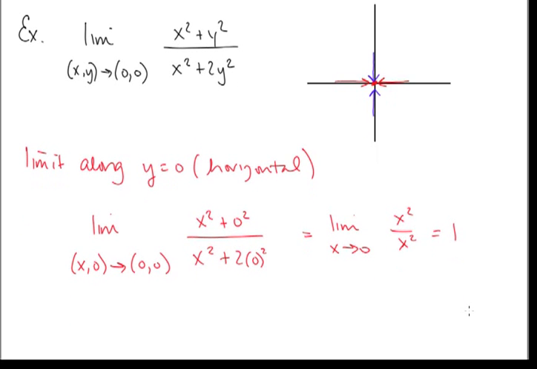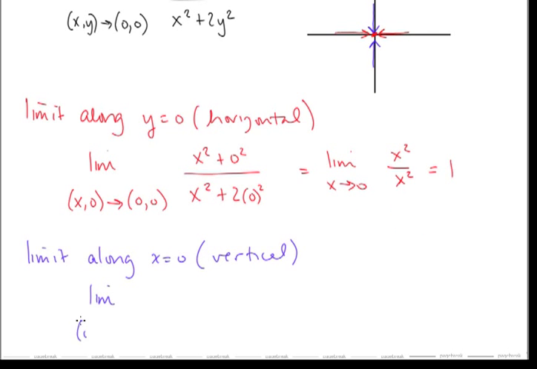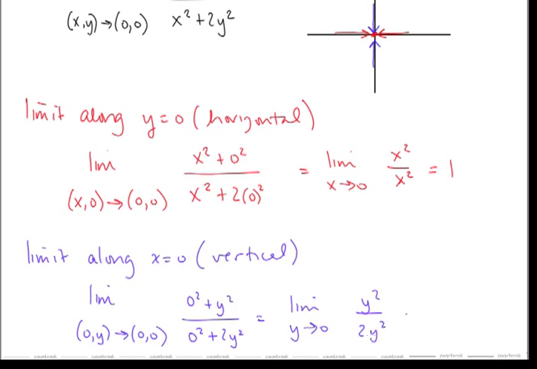Okay, let's take a look at the limit in the vertical direction. That's the limit as (0,y) goes to (0,0) of (0 squared plus y squared) over (0 squared plus 2y squared). And that reduces to the limit as y goes to 0 of y squared over 2y squared, which is 1/2.